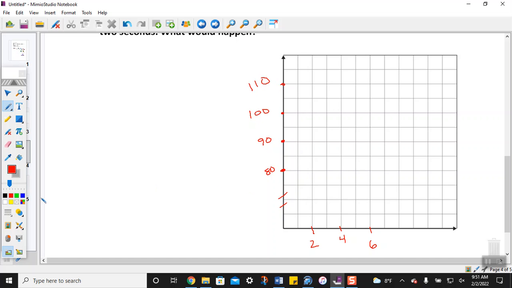Okay, so if I had the points plotted correctly, I think it looked like this. It was 80, 85, 95, and 110, right?